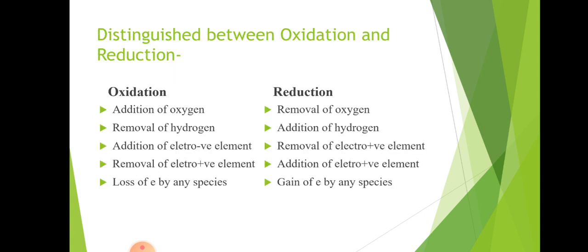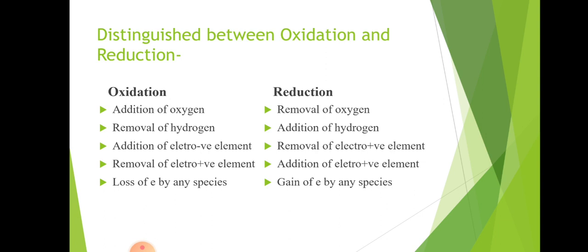And lastly, to differentiate or distinguish between oxidation and reduction. Now first, one by one, what does oxidation mean? Addition of oxygen. What does reduction mean? Removal of oxygen. Here oxidation is addition of oxygen; reduction is removal of oxygen.